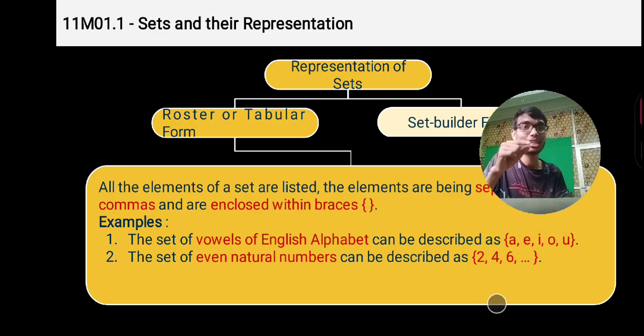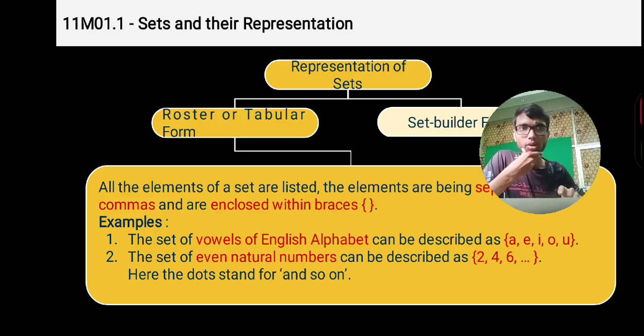Here it started from 2. 0 is not odd or even. Even will start from 2 and odd will start from 1. Now next, we have here the dots, which stand for "and so on". So this will keep going. Here we are saying 2, 4, 6 and so on.